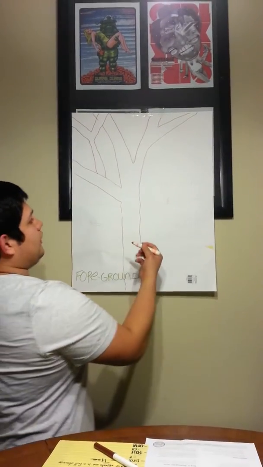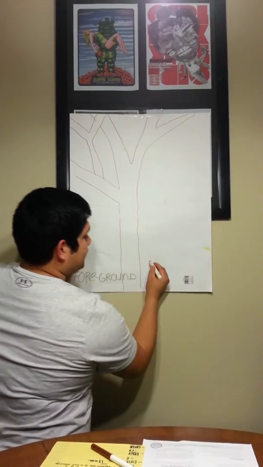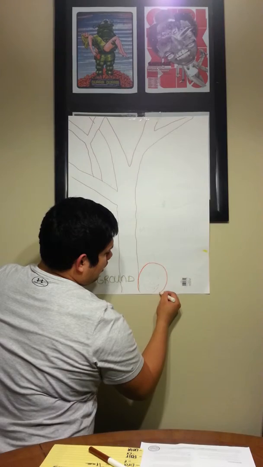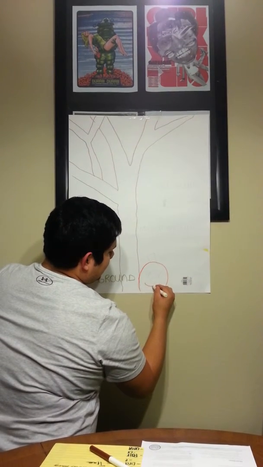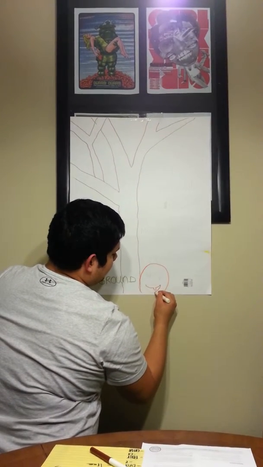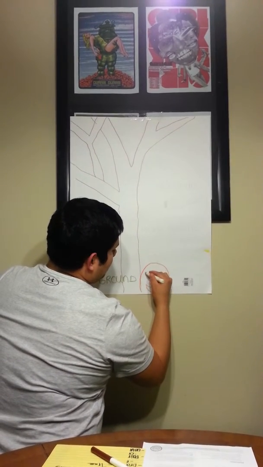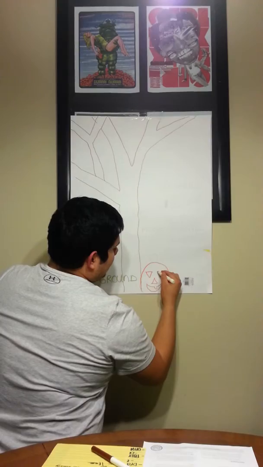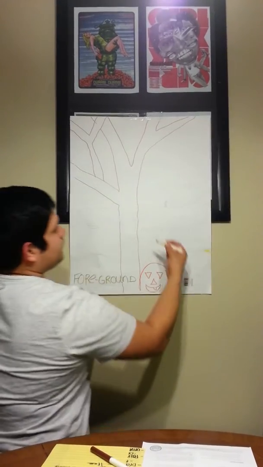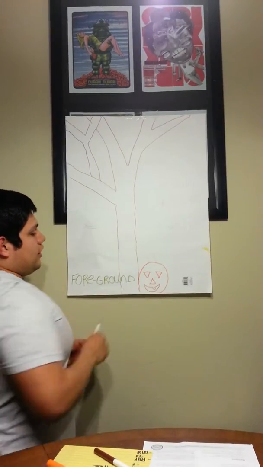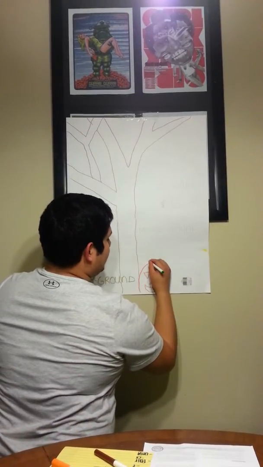So in my foreground, I drew my tree because that is our centerpiece, and I'm going to draw a pumpkin here. Like I said, in our foreground, our objects are going to be bigger. Even though they might look a little different from the rest of our drawing, they're in the right place and they're supposed to be bigger to really show that perspective.